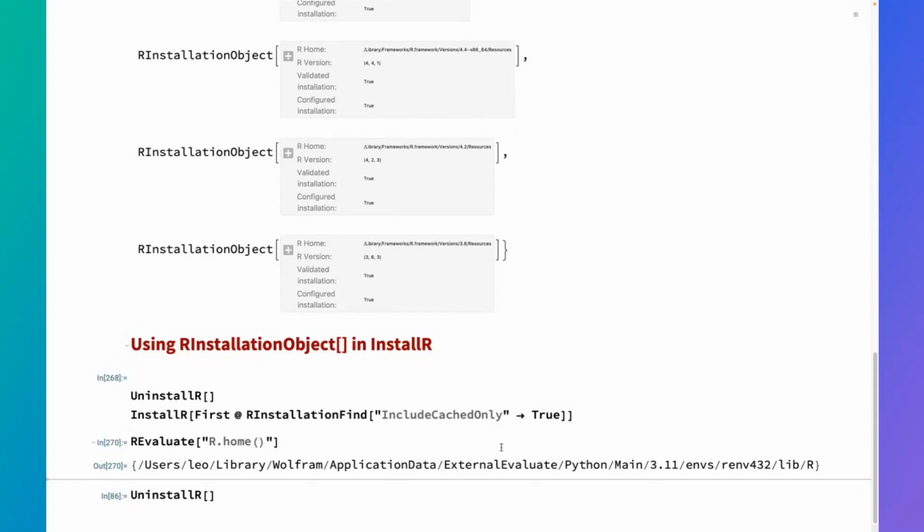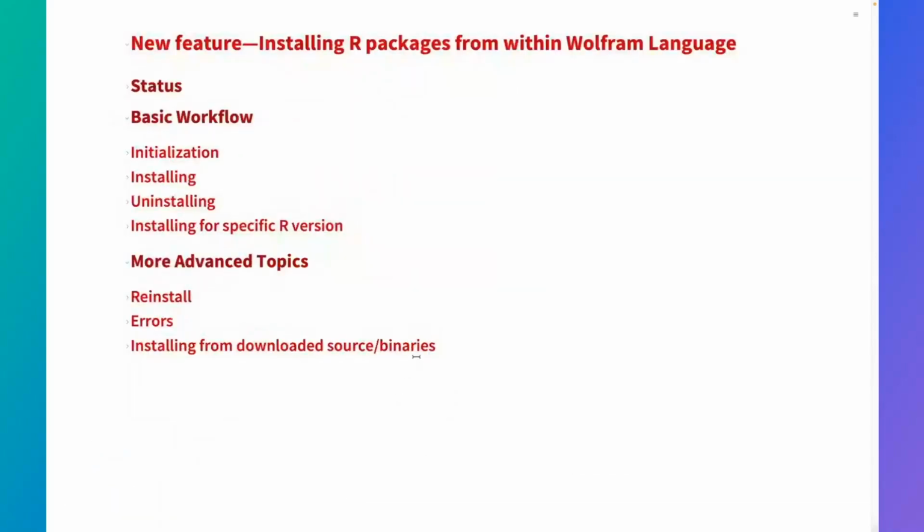It's the one that is living totally in a different place. So it's a different installation now. But the main point is that you will be able to use these RInstallation objects directly in the installer. Okay, so that's the feature that is going to be further developed and eventually documented.